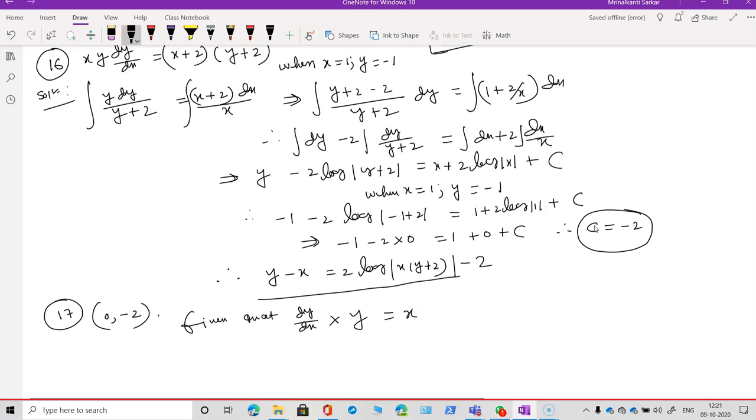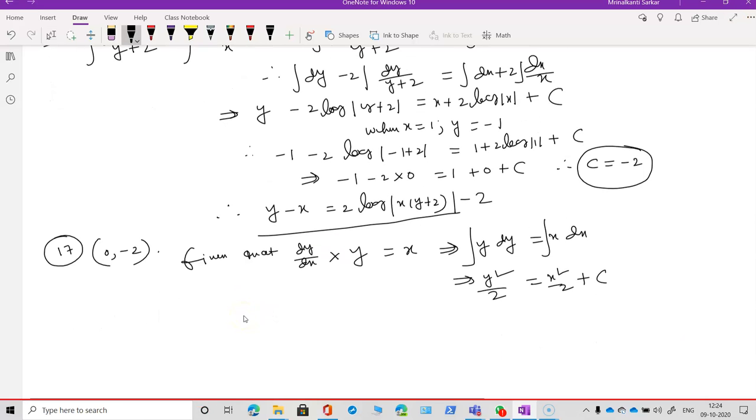We will take y dy together, x dx together, and then integrate. Now is the condition given there, the initial condition: when x equal to 0, y equal to minus 2.